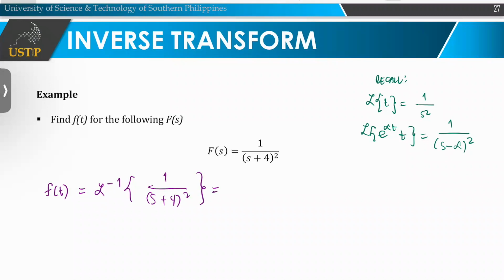So we have the inverse Laplace transform of, now let us rewrite it, class, into s minus alpha. As we know from earlier, we have s minus negative 4 squared. So we can conclude that our f of t is e to the alpha t, which is e to the negative 4t, multiplied by t.